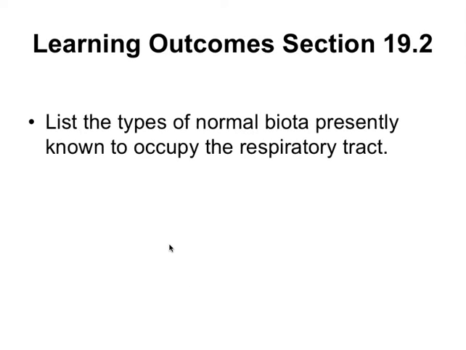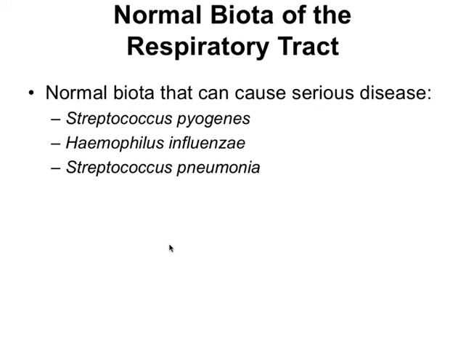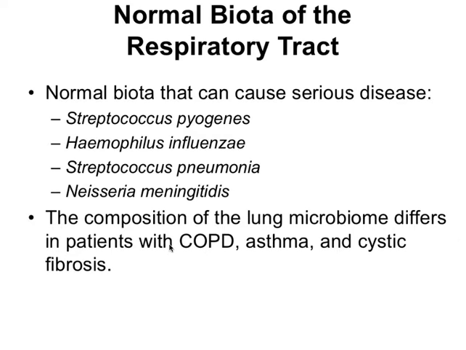We'll talk about the normal biota that are here. We see strep, we see Haemophilus influenzae, Streptococcus pneumoniae, Neisseria meningitidis, all of which can cause serious disease, but they're kept in check normally by the defenses of the respiratory tract.